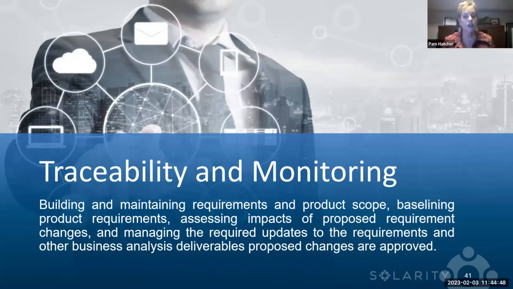So a little bit of what you're talking about may take place here too, Alan, because there could be changes. But are we managing those required updates that are taking place to those requirements? And are we really managing all the business analysis deliverables here, right? So you're monitoring what has been drawn out, what is required, what's traceable, and how are we managing that?